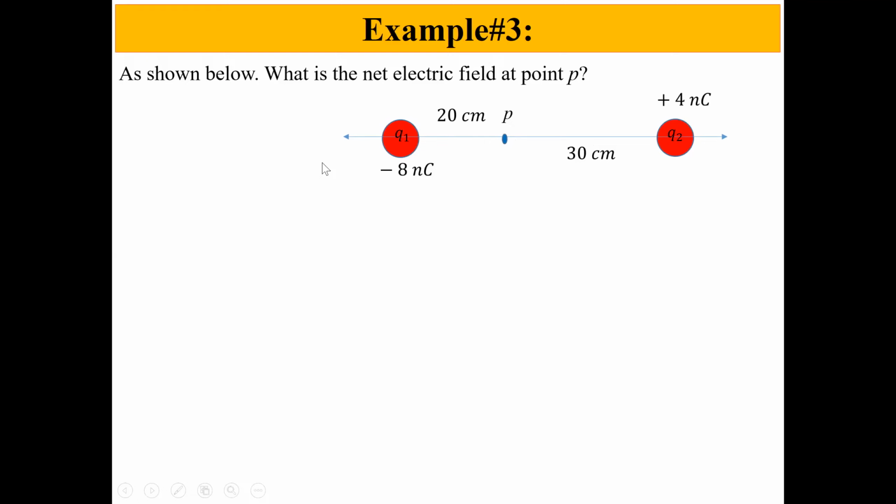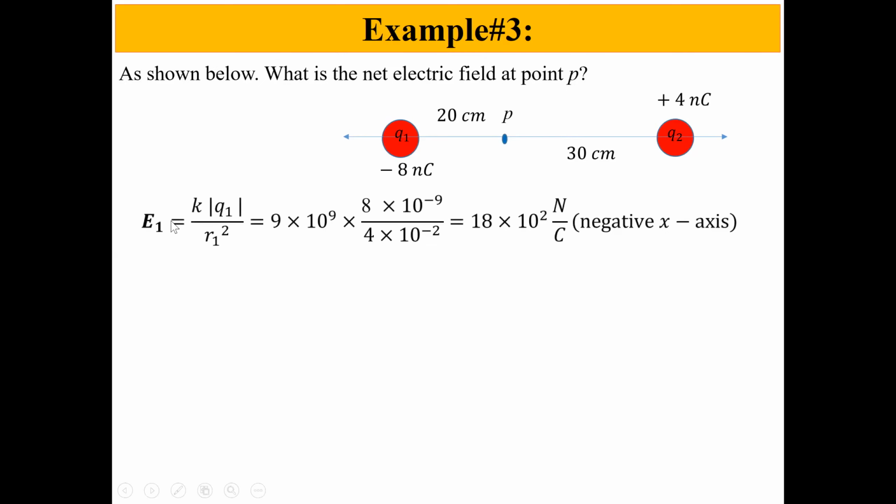Now, the electric field at point P is coming from Q1, which is E1, plus the electric field coming from Q2, which is E2. Let me calculate E1. E1 is K Q1 divided by R1 squared.